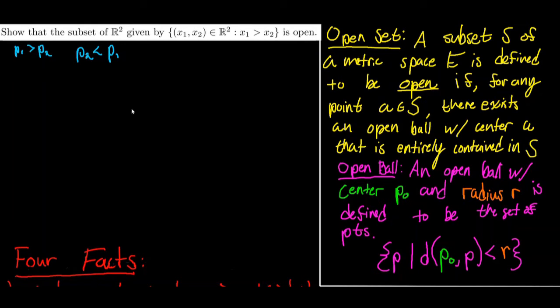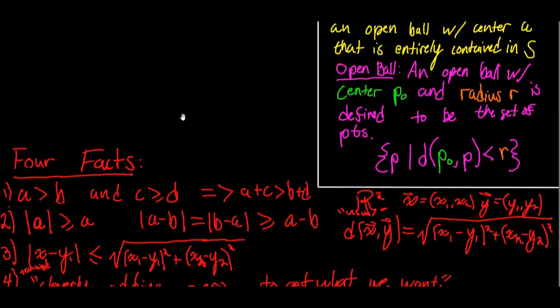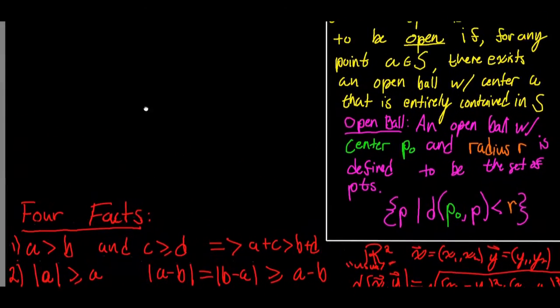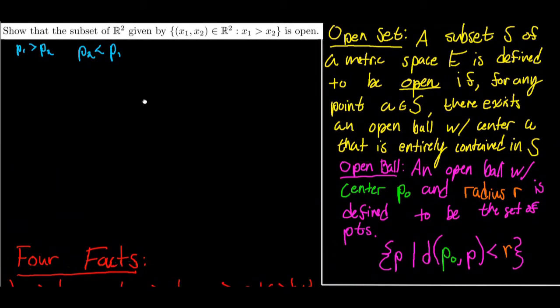So this is where we're going to use our technique of cleverly adding 0 to get what we want. This technique is going to come in handy for us to show that P2 is strictly less than P1. So we're going to start with P2, and of course P2 is equal to P2 plus, and this is where I'm going to cleverly add 0.